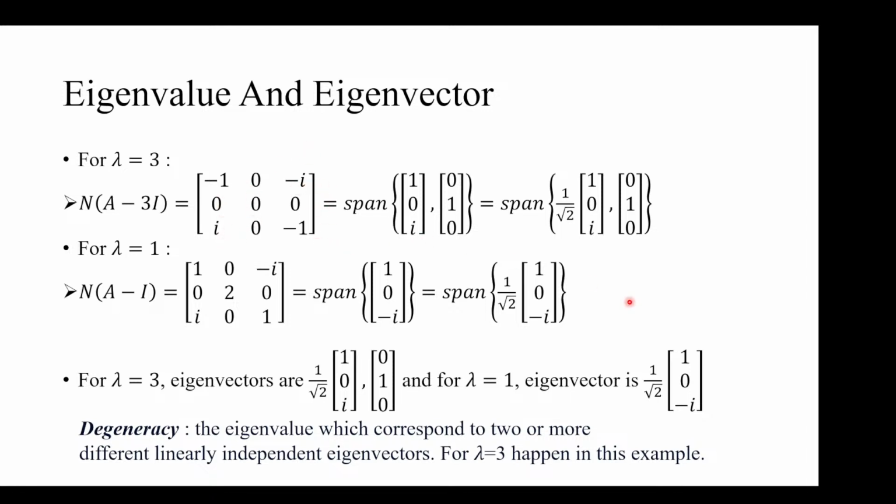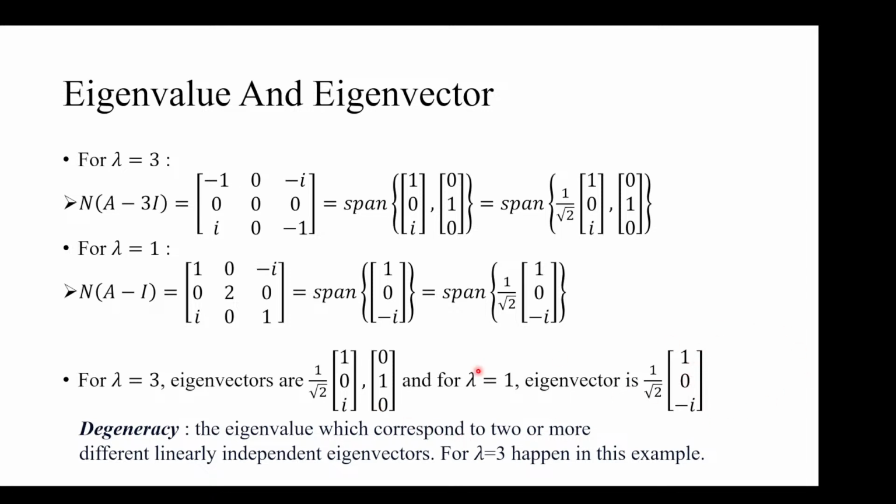We find out this two-dimensional space is spanned by (1, 0, i) and (0, 1, 0). For lambda equal to 1, you want to find the null space of this matrix, 1 0 1; 0 2 0; -i 0 1, and you see that it's spanned by only one vector, (1, 0, -1, -i). So for lambda equals 3, we have two eigenvectors, (1, 0, i) and (0, 1, 0), and for lambda equal to 1, we have the eigenvector (1, 0, -i).